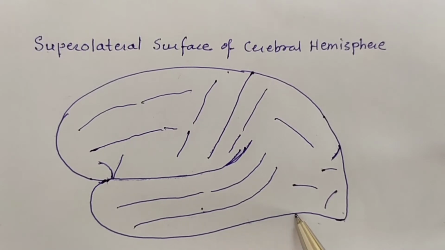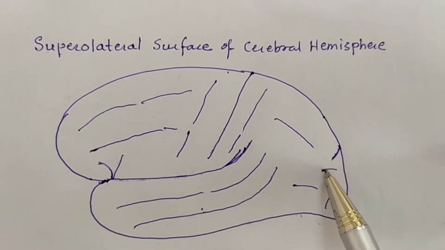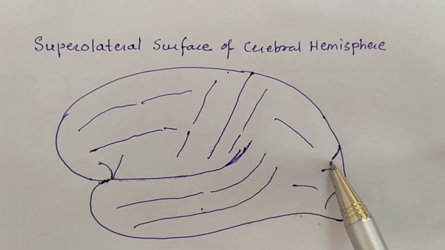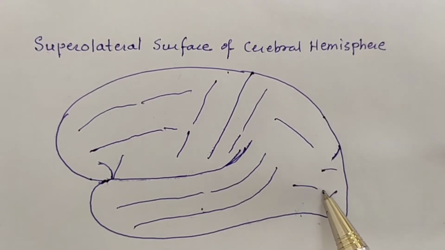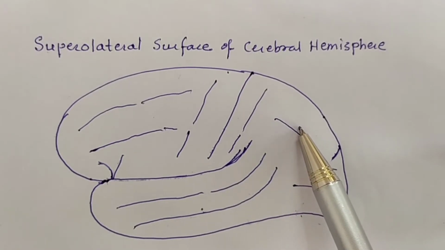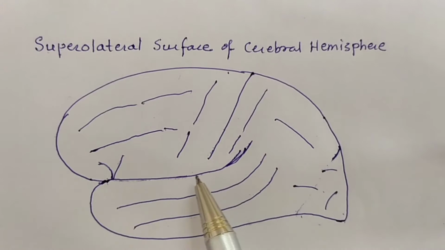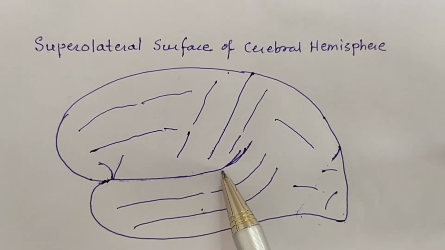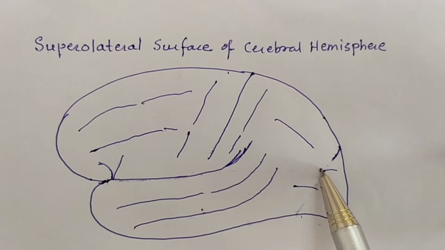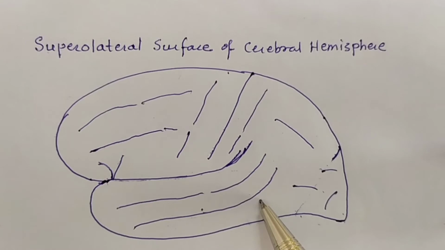And on the inferolateral border there is preoccipital notch, and the imaginary line connecting the parieto-occipital sulcus and the preoccipital notch separates occipital lobe from the temporal and parietal lobe. So say this is the first imaginary line. From the straight part of the posterior ramus of lateral sulcus we can draw second imaginary line, and area above it is parietal lobe, area below the second imaginary line is temporal lobe.